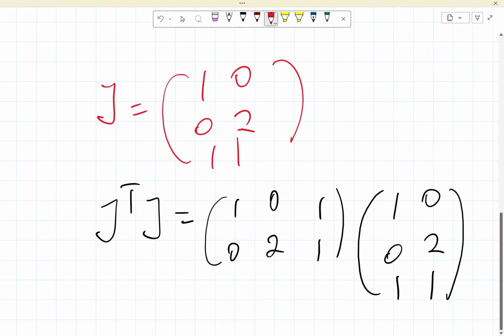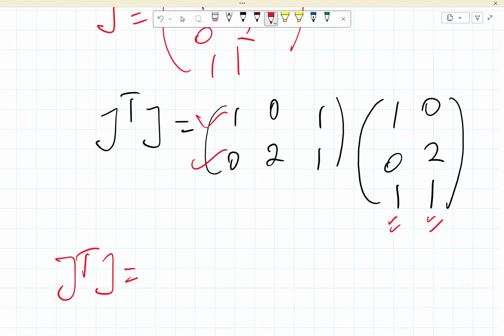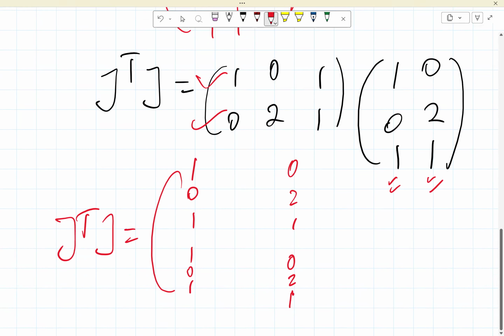As I explained previously in my other playlists where I teach matrices, this one has 2 rows, so we write each of these columns twice, this column and this one.